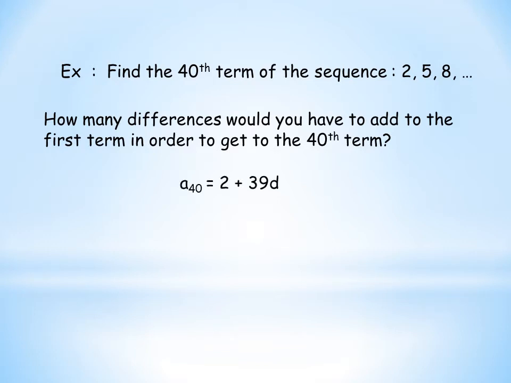I have to start at the first term, and 39 times I have to add the common difference. If I look at the sequence 2, 5, 8, you can clearly see that the common difference is 3. I would add 3 every time. So I'd start at 2, and I'd add 39 differences, or 39 times 3.